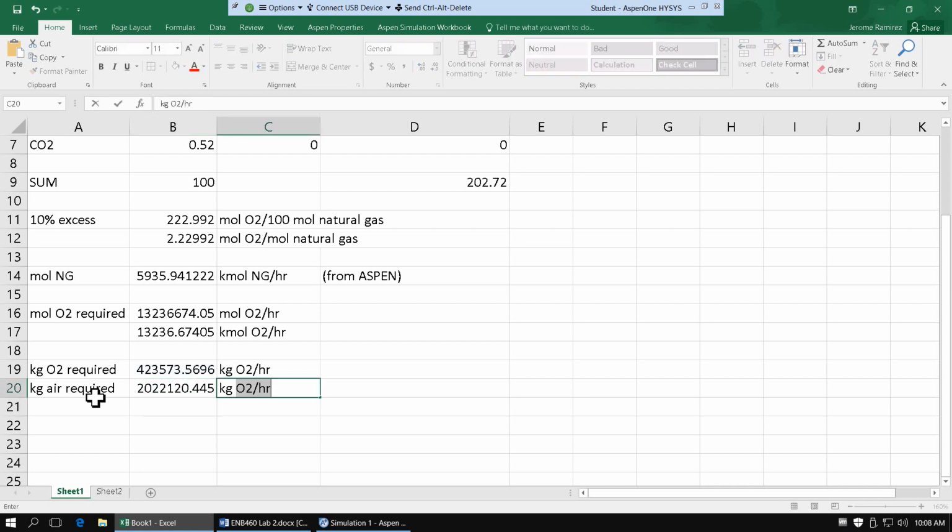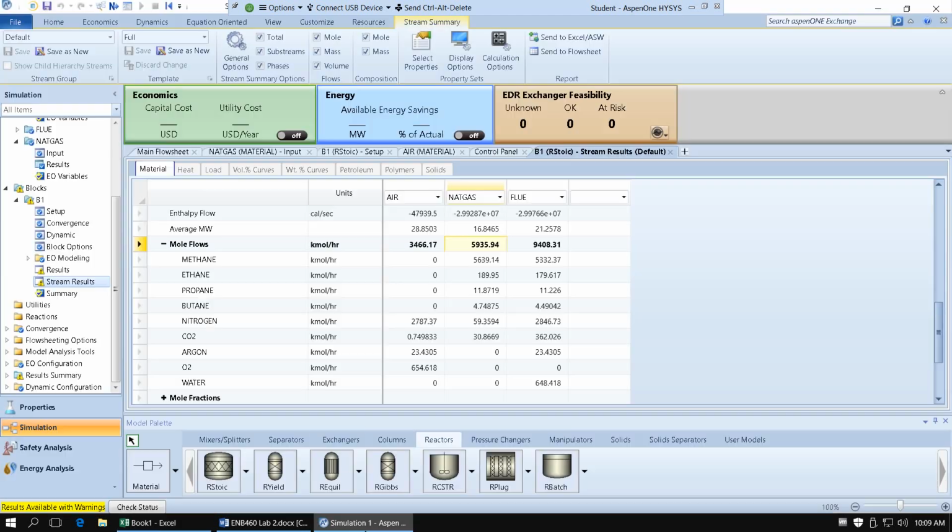We have kilograms air per hour, and then just convert that to tons air per hour by dividing that by 1,000. So we have 2,022 tons of air per hour. And that we can use for the Aspen model.